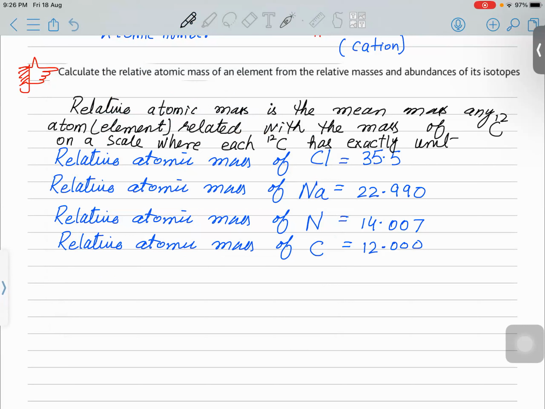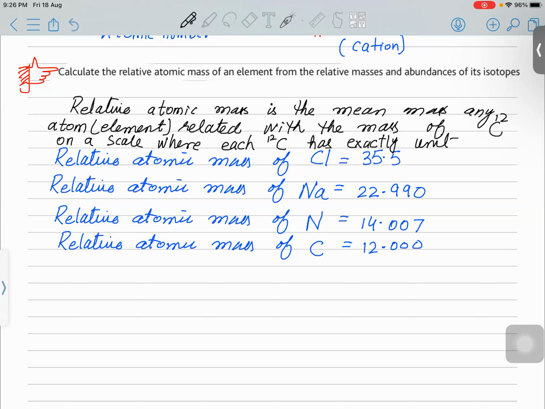So if the mass of carbon is 12, you can divide it into 12 equal parts, and then compare one part of carbon with the other element. Are you getting my point or not?